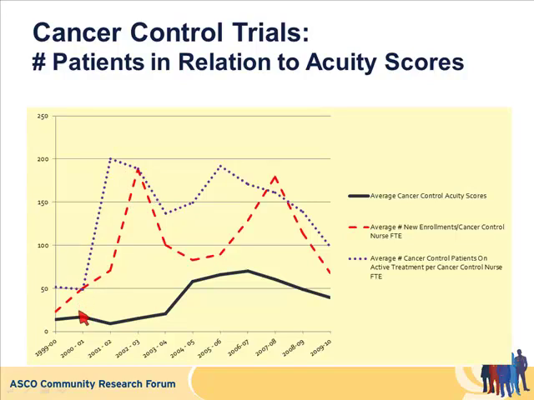But if you looked at the actual acuity scores in cancer control, again, not as complex usually. Patients aren't on study as long. The regimens or treatments are not as severe in toxicity. There is more challenge with screening and recruitment, I feel.